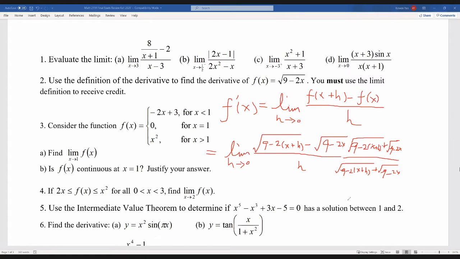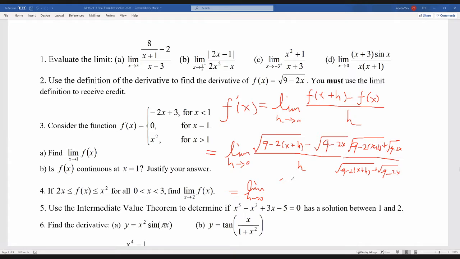So you have to simplify in order to get the final answer. This is straightforward. Don't forget the limit sign, as h approaches 0. Here you can use the formula (a minus b)(a plus b) equals a squared minus b squared. So the square root and square cancel out. That's why we want to use this method.